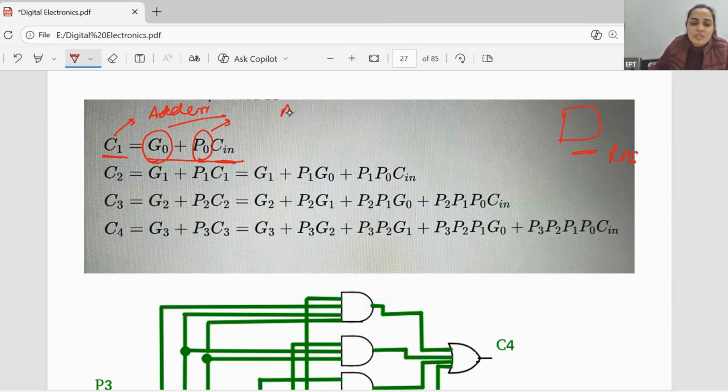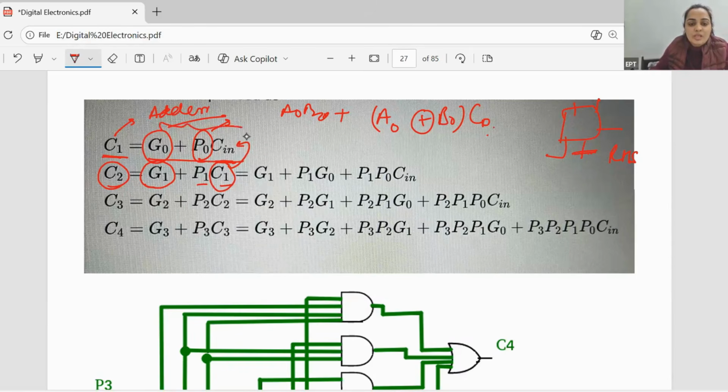So this is going to be A0 B0 plus A0 XOR B0 into C0, sorry. Similarly, C2 is nothing but G1 plus P1 C1. So the value of C1 is this, so in place of C1, I will put this value. And P1 is nothing but A1 XOR B1, right? So like this, you will write it down.